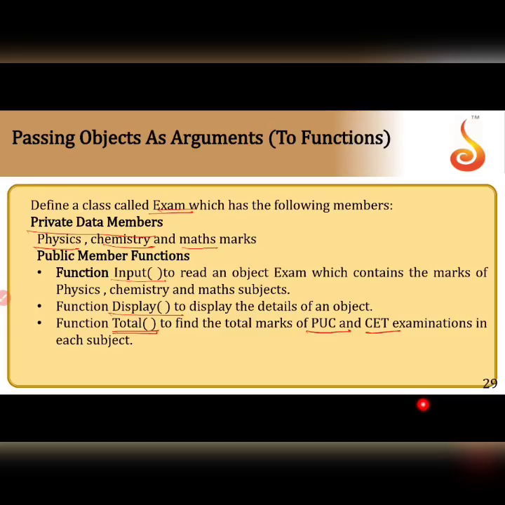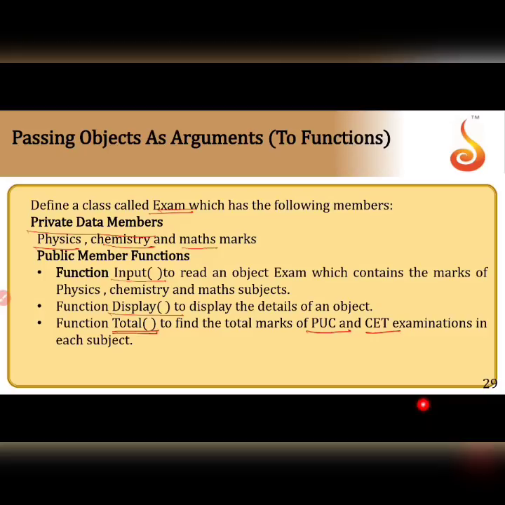In the display, I will print the PUC marks of physics, chemistry and mathematics, and then I will print the CET marks of physics, chemistry and mathematics. And in the total function, I need to individually find the subject total of PUC physics and CET physics, PUC chemistry and CET chemistry, and PUC mathematics and CET mathematics.